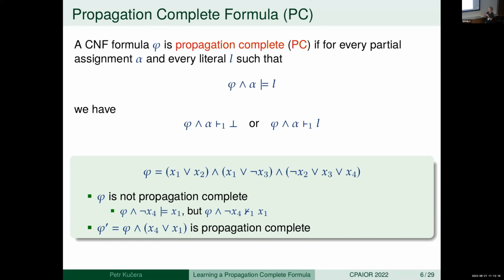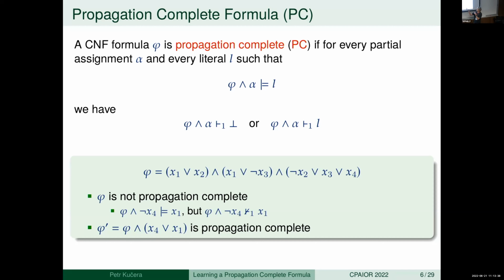But of course, it's also possible that the formula is inconsistent with the partial assignment. In this case, it implies every literal, but we cannot expect that every literal would be derived. So we only require that either contradiction or the literal is derived.